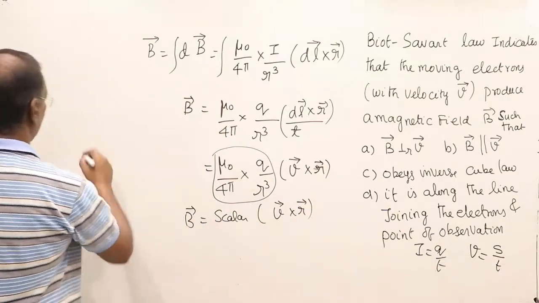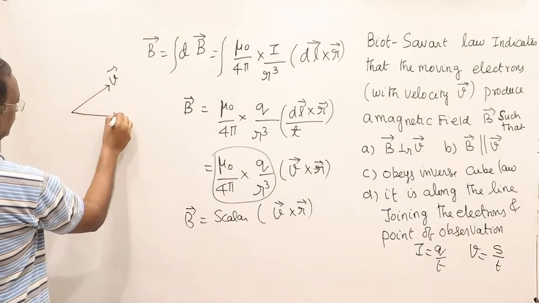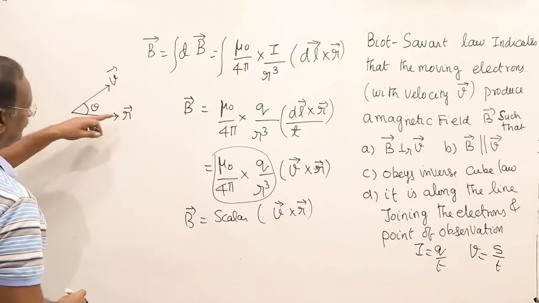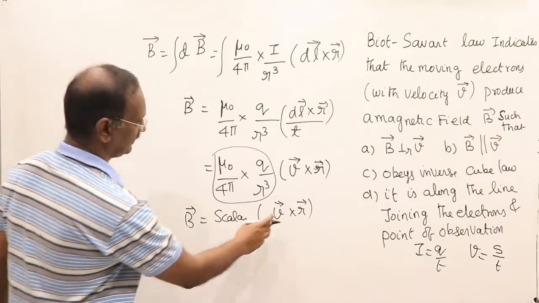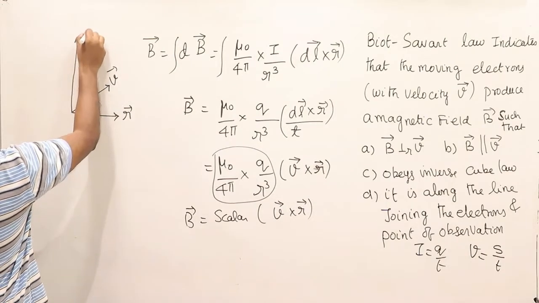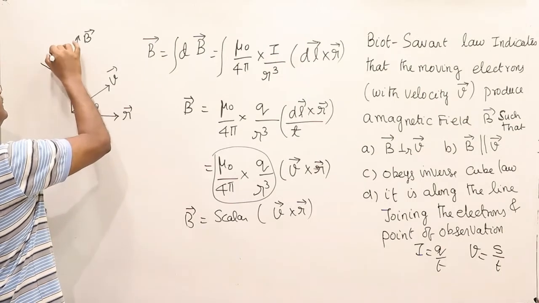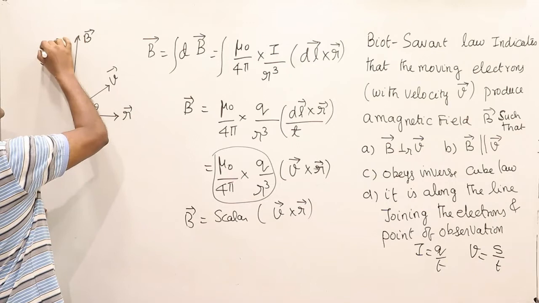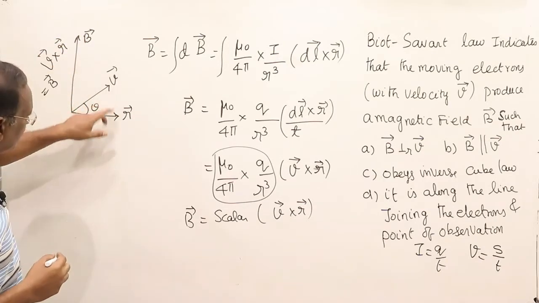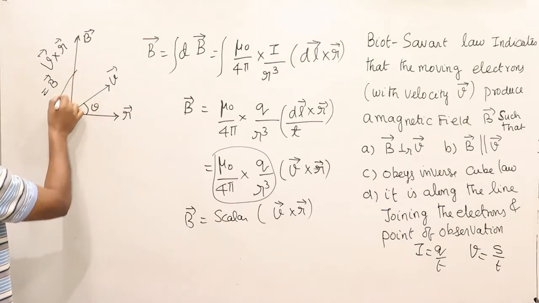This is the velocity vector, this is the r vector, and there is an angle between them. What is v cross r? V cross r is a vector perpendicular to the plane containing them, which is equal to the B vector. The cross product of two vectors is always perpendicular to the plane containing those two vectors.